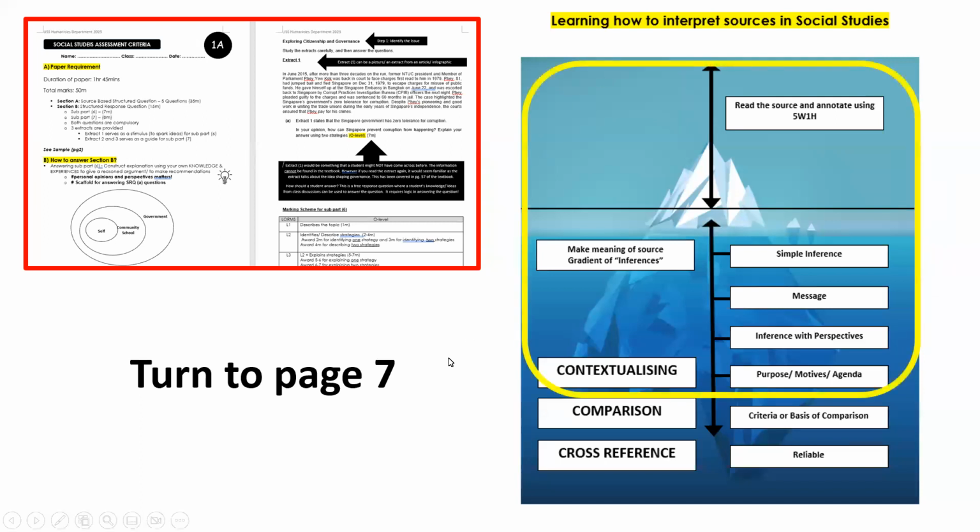So we are looking at annotating the 5 W's and 1 H. We are also looking at gradients of inference: what are simple inference, what are messaged, what is inference with perspective, as well as contextualizing purpose, motives, as well as agenda. And moving on along the year, we will be looking at comparison as well as cross-referencing skills.